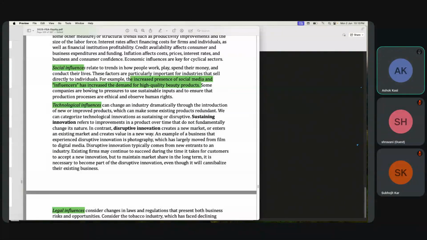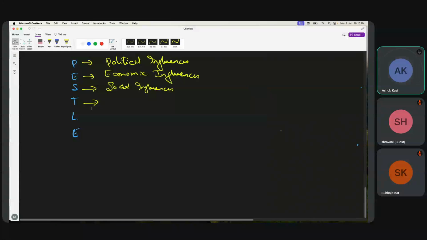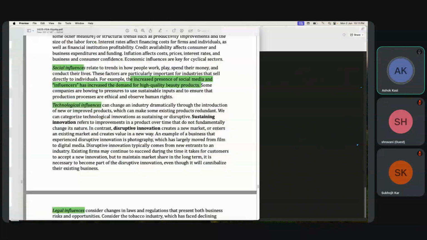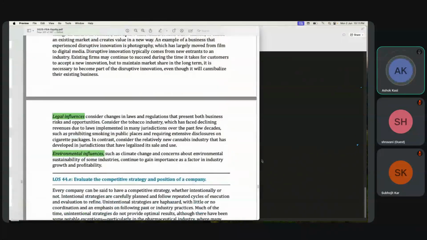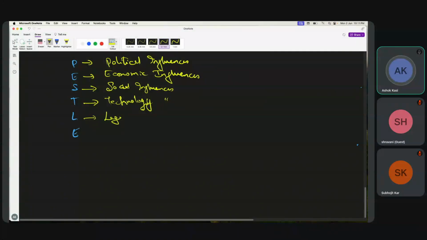Then technology influences. So how much technology is needed for that company? So tomorrow, if technology changes, how much it is going to affect that company? That is technology influences. Then legal influences. So what are the legal charges that are going on against that company? And what if any case goes against that company?